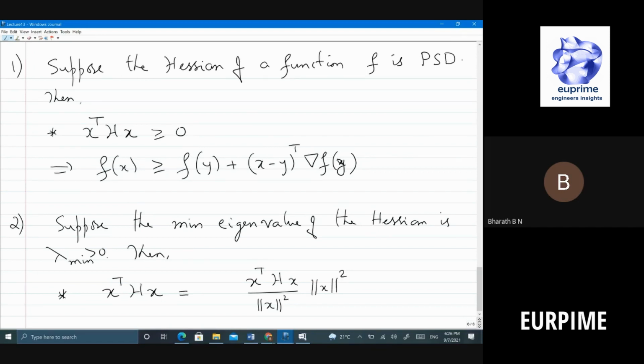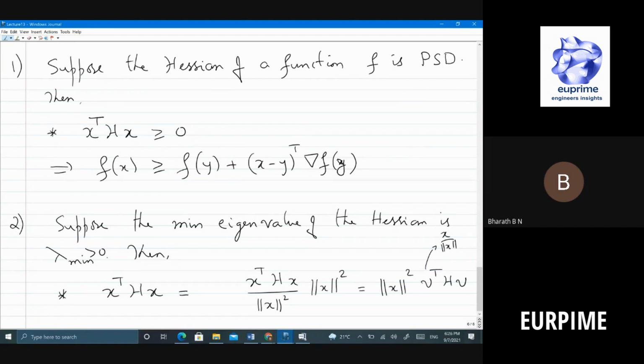Now I can write this as norm of x squared times v transpose Hv, where v I'm going to write as x by norm of x. Do you agree? This is simple algebra, right? x by norm of x and x by norm of x, it will be norm x whole squared. I get back this, right? So what can you say about this vector v? v is a unit vector.